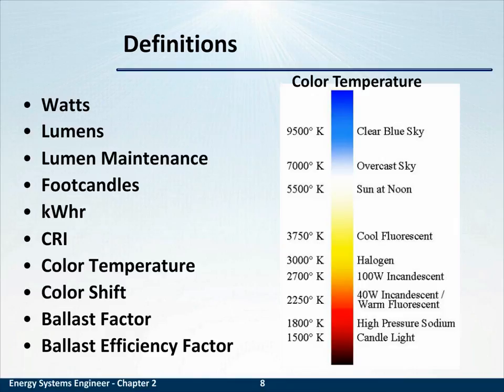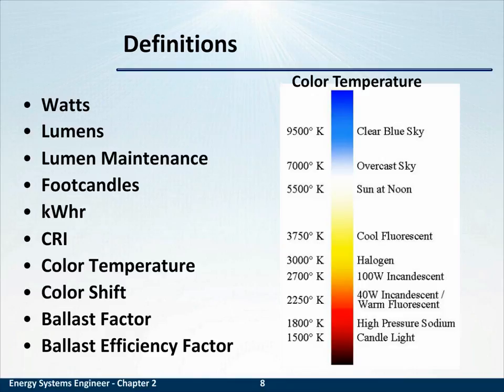Consider a clay pot. As you heat that clay pot, it might glow red. As you continue to heat it, it'll glow orange, then yellow, then white, because the temperature of the surface is going up. So you'll see that color temperature shift from black to red to yellow to white and eventually to blue.